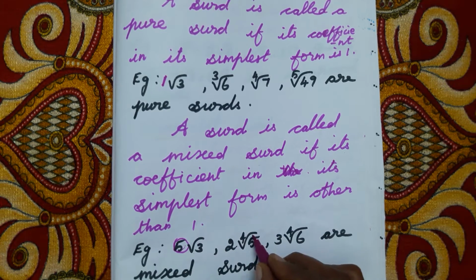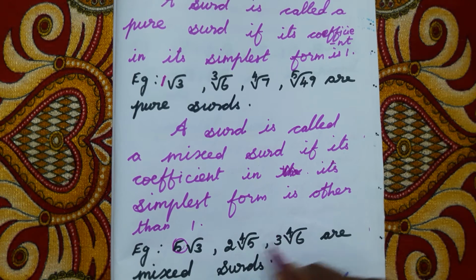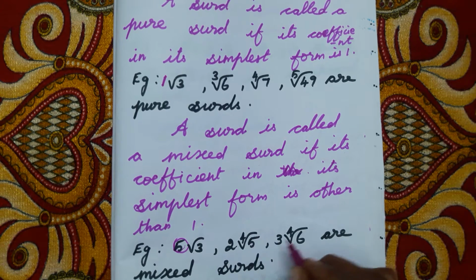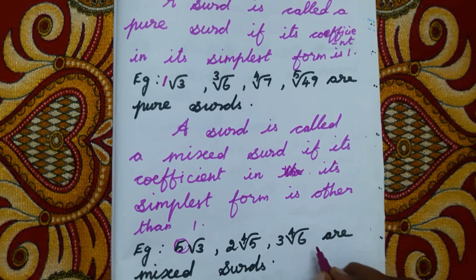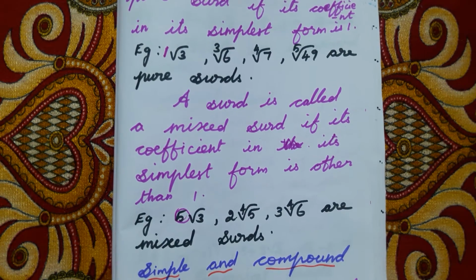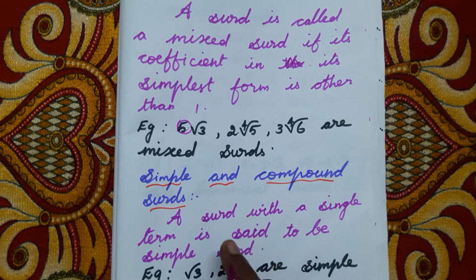Here what is the coefficient? 2. Here? 3. So 5 root 3, 2 fourth root of 5, 3 fourth root of 6 are mixed surds. Can you understand this?